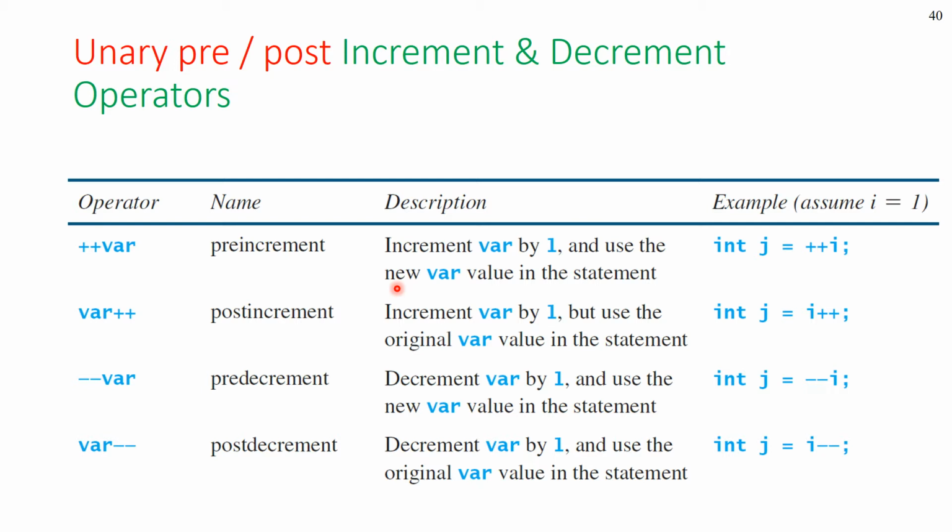Second step, this might appear in a formula. So that means that once you're done evaluating plus plus var, you expect the result of that to be, for example, added to 5 or something like that. So this is where it's important. The second step for this pre-incrementation operator is now we use the new value of the variable var.